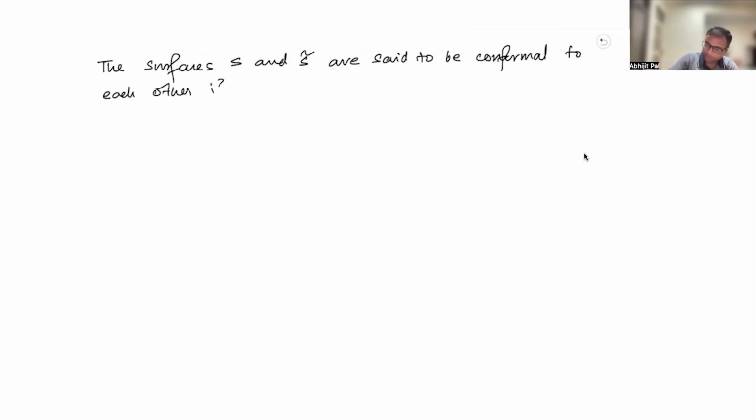The surfaces S and S tilde are said to be conformal to each other if there exists a conformal map phi from S to S tilde.